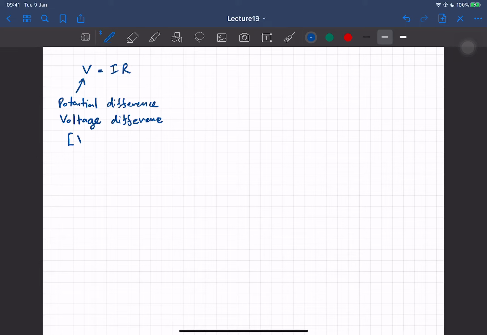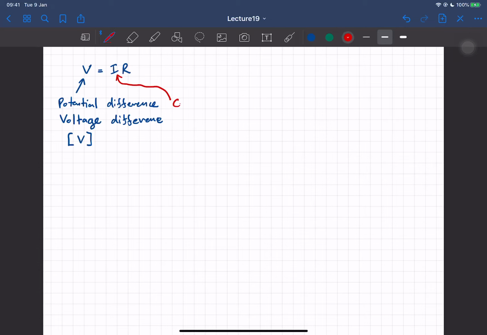And the unit is volt. Right, so that's why we call it the voltage. The term voltage is not, I think, strictly speaking, correct in the physics sense, but we just use it casually because the unit is volt. But it's actually talking about the potential difference, which is related to the potential energy difference. I is the current.